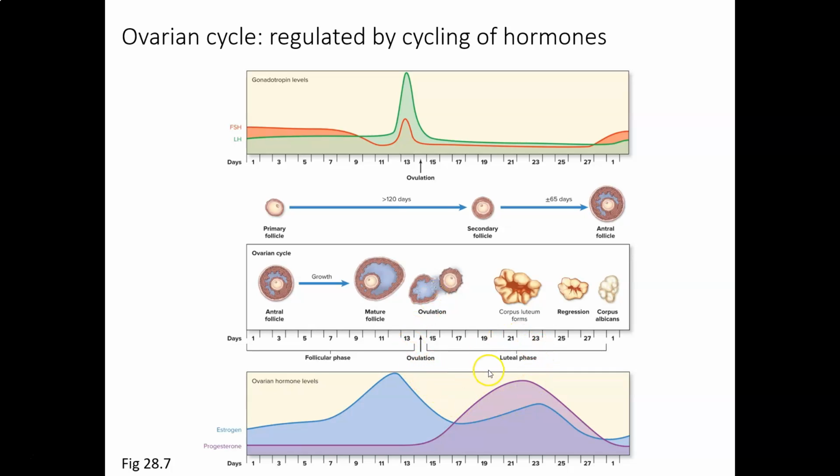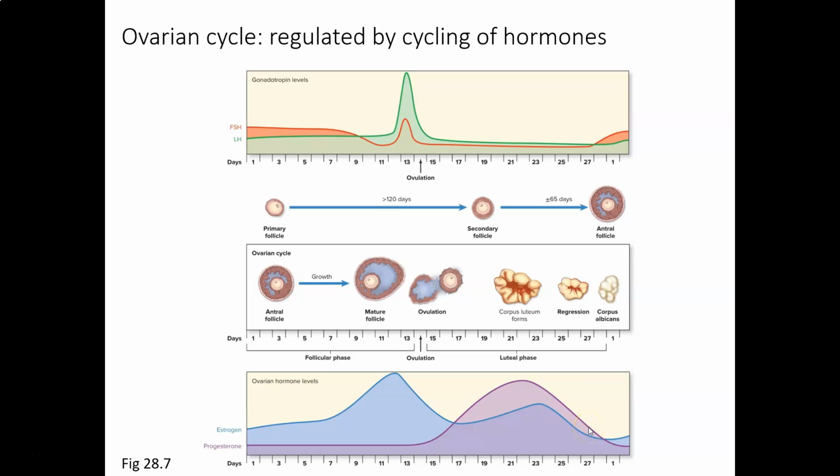That corpus luteum is going to produce estrogen, not as high as in the follicle's production, but more prominently it produces progesterone. So in the luteal phase you have both sex hormones being produced, but in the follicular phase only estrogen is produced by the follicle.